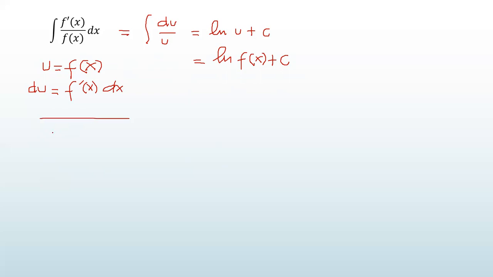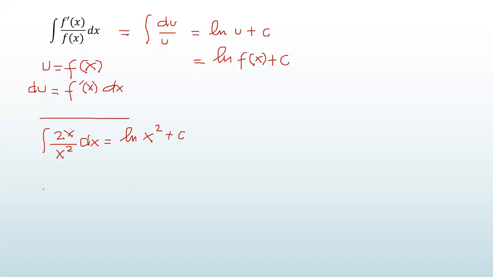Okay, so very simple. For example, if you have a problem like this, integral 2x over x squared dx, of course the solution is ln x squared plus c.